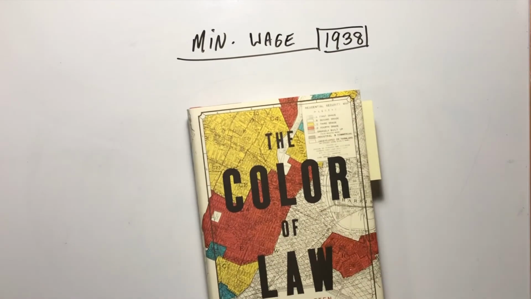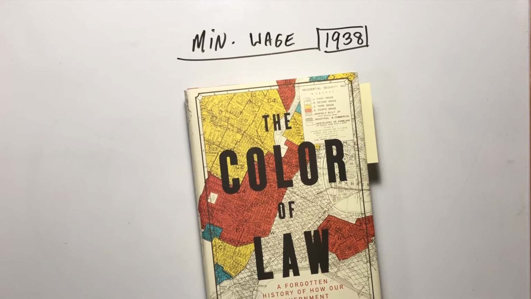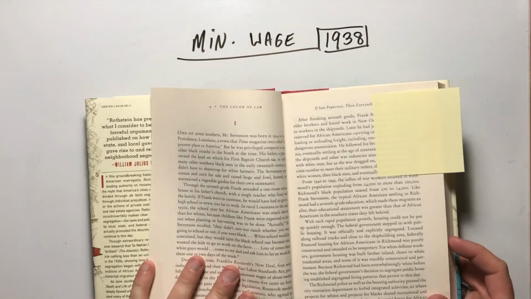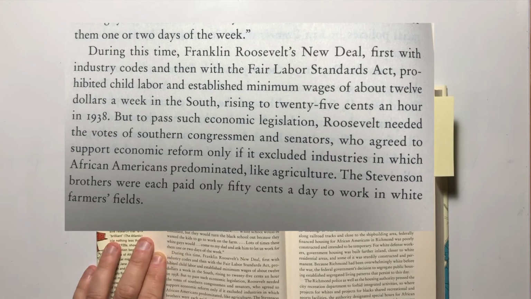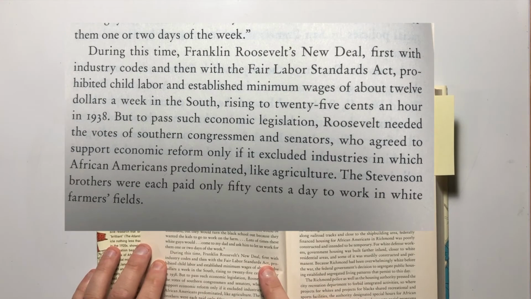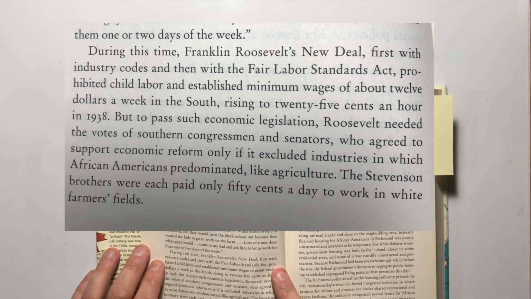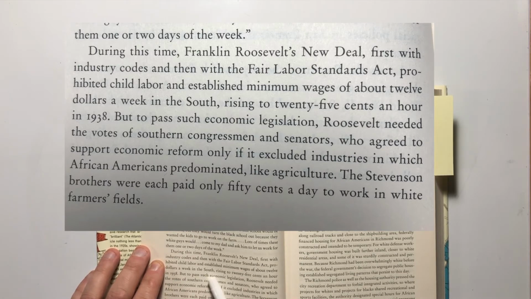In his book, The Color of Law, A Forgotten History of How Our Government Segregated America, Richard Rothstein has this to say about the federal minimum wage. It says, "During this time, Franklin Roosevelt's New Deal, first with industry codes and then with the Fair Labor Standards Act, prohibited child labor and established minimum wages of about $12 a week in the South, rising to 25 cents an hour in 1938.